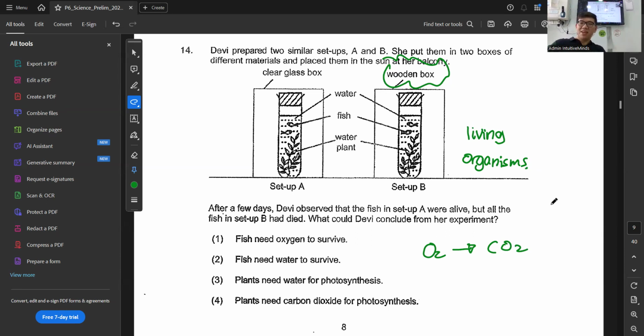The difference between plants and us is that plants not only take in oxygen and give out carbon dioxide, they also produce that oxygen. Obviously they produce more oxygen than they take in, otherwise we'll all be dead. But they do take in oxygen and give out carbon dioxide. So based on the reasoning, if there is a source of carbon dioxide, then why would the plants die?